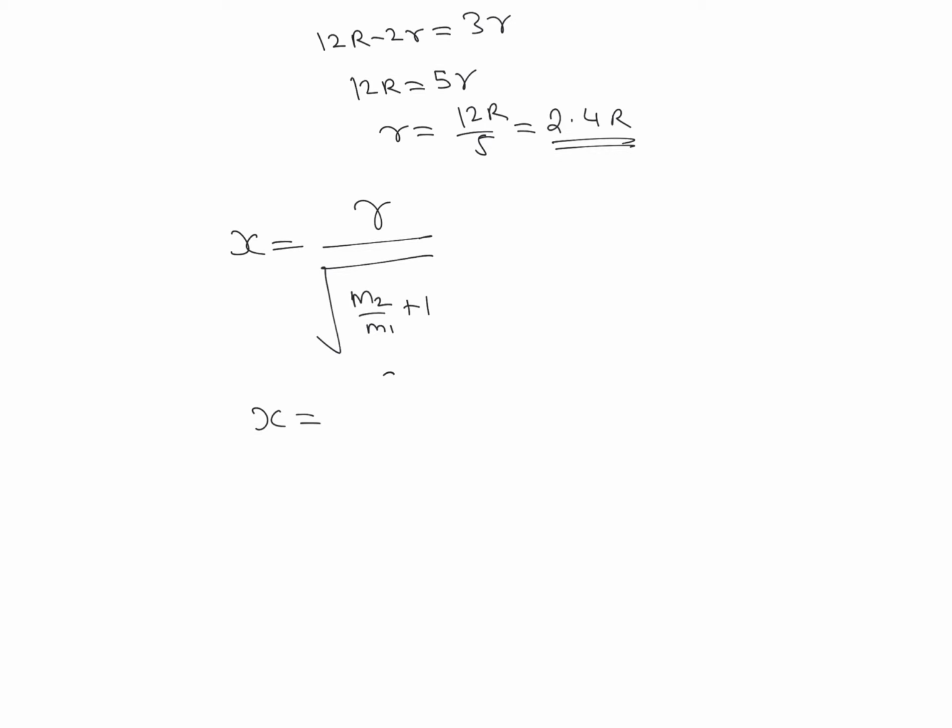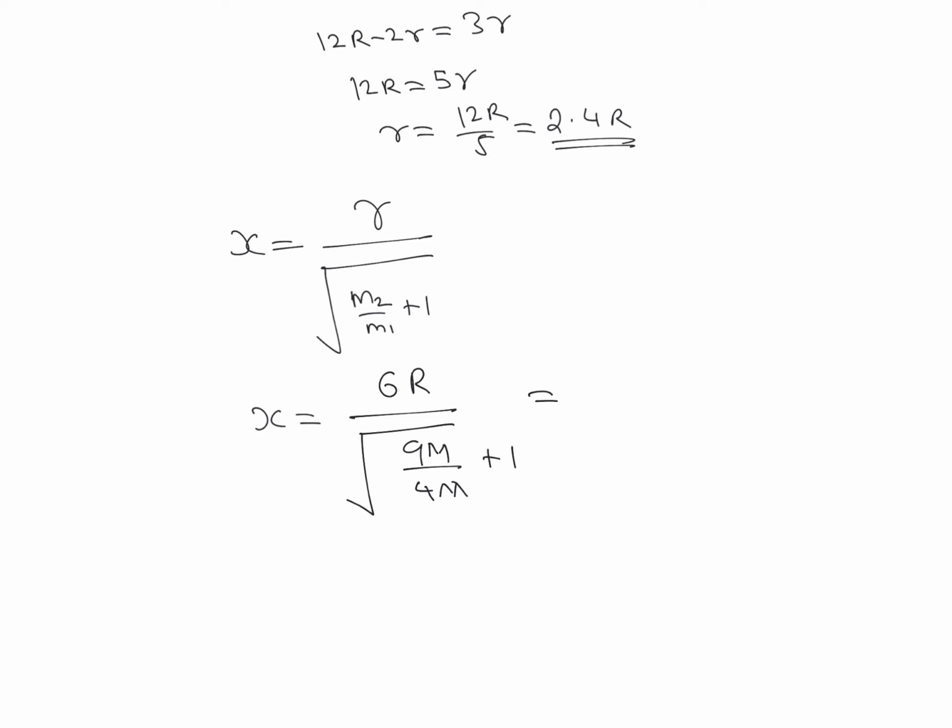So we can write x equal to 6r divided by root of m2 divided by m1 plus 1. Here m2 is the mass of the second object, which is 9m according to the question, and m1 is 4m.